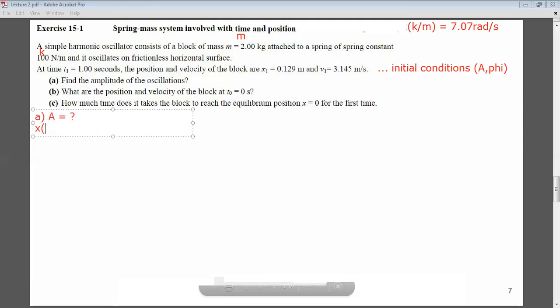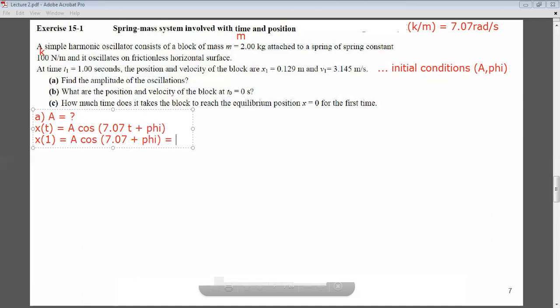So first we have to assume a function, x of t. We will take the regular one. This is A cosine omega t plus phi. Okay, I know that x at time 1 second is equal to A cosine omega. Instead of omega, we can directly put 7.07 from now on. So this is 7.07 times 1, so this is 7.07 plus phi.